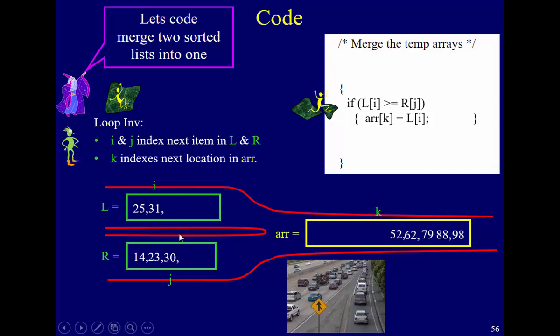And if it is, then we copy the number at Li over to the array at K. Right? So there it goes. And then, as said, we decrement I and we decrement K. All right?